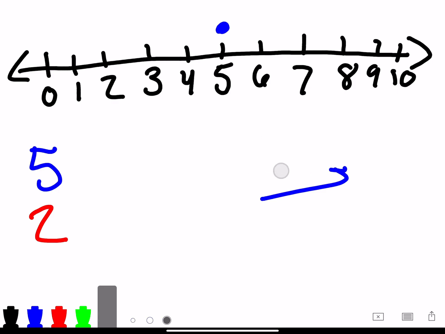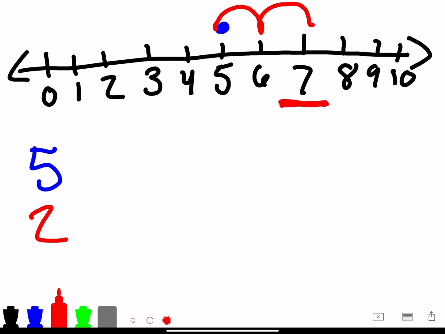So for this problem, we had 5 blue candies, but then your friend or your mom just gave you 2 red candies. So we have more candies now if you count them out. So we have 1, 2. Now we have 7 candies in total. Because remember, we started out with 5, but then your mom or your friend gave you 2 more red candies.